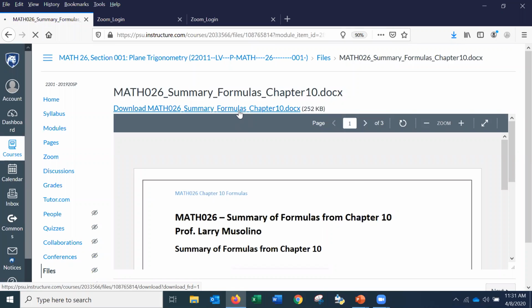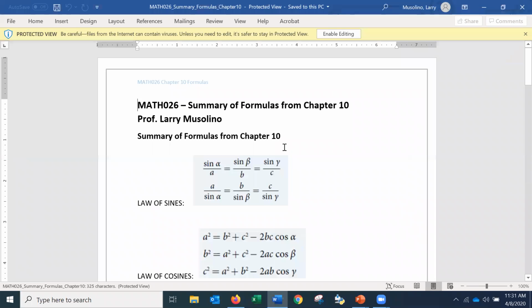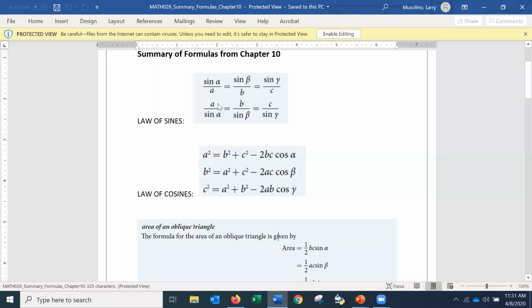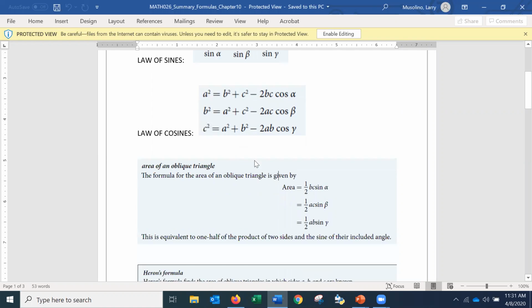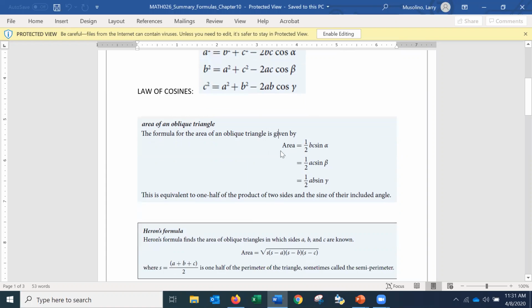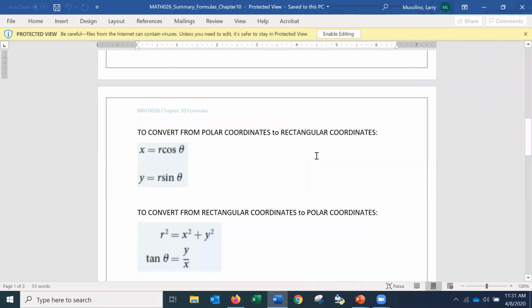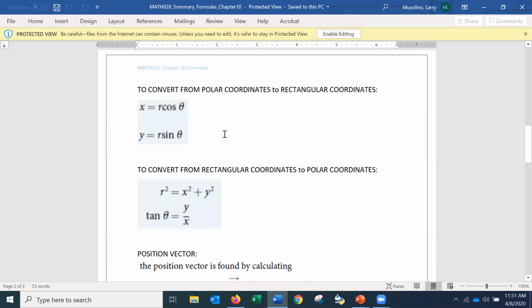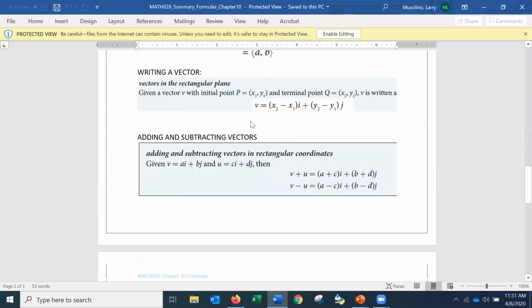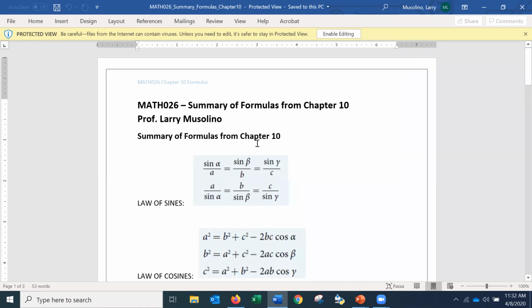If you want to print this out or just keep this open on your computer, here's law of sines. Here's law of cosines. Here's the area of a triangle that we talked about already. Here is something called Heron's formula that we're going to talk about in a few minutes. And then there's more formulas that we're going to talk about over the next couple of weeks. So this is all organized for you in this summary for chapter 10.